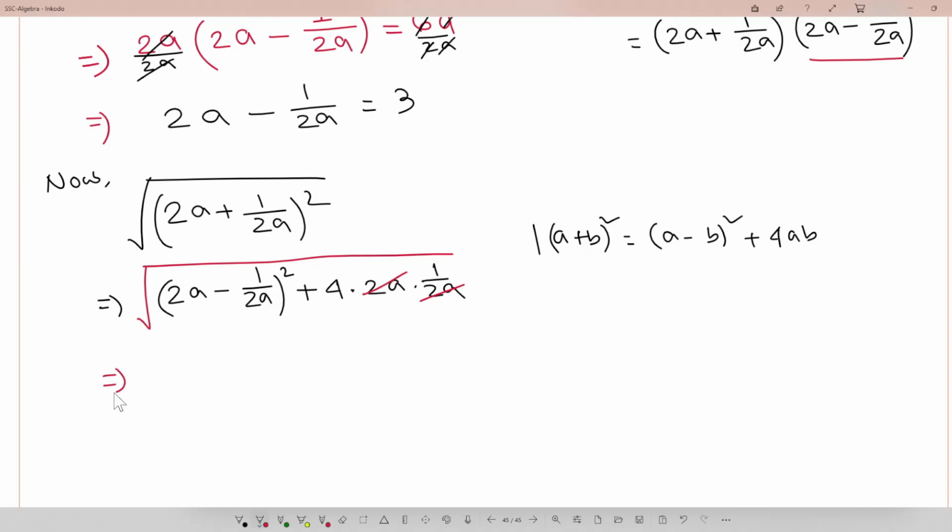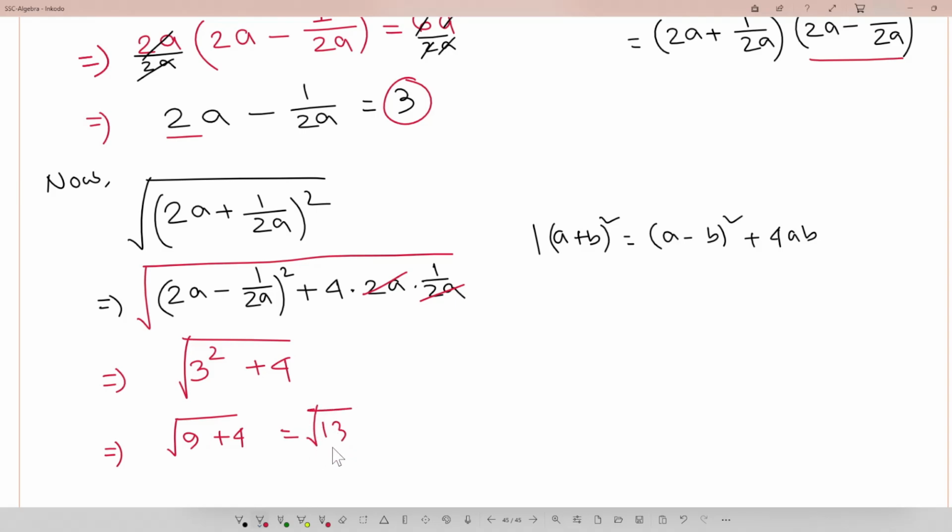Now look, we already get 2a minus 1 by 2a, it will be 3. So again this one we can write 3, and here is square plus 4, and square root. So what will happen? 3 square, it means 9 plus 4 square root. So 9 plus 4 is 13. So our answer is root 13, but it's not a final answer.